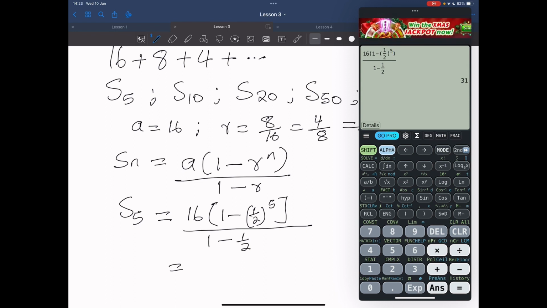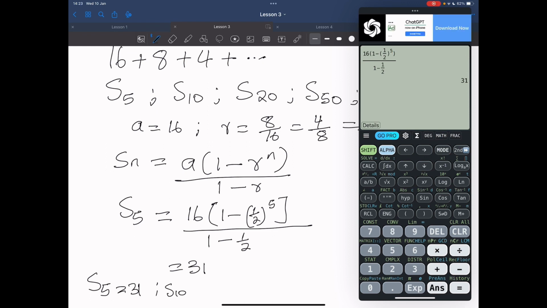So you can see the answer is 31. So sum 5 is 31. Let's look at sum 10. For sum 10, we are just going to substitute the 5 with the 10 on our calculator.